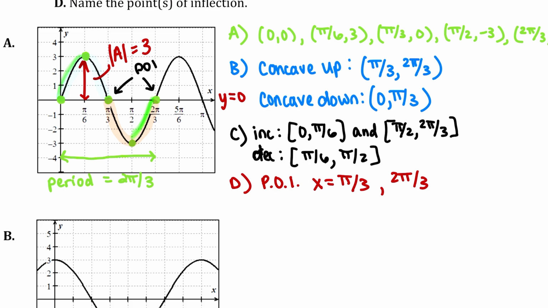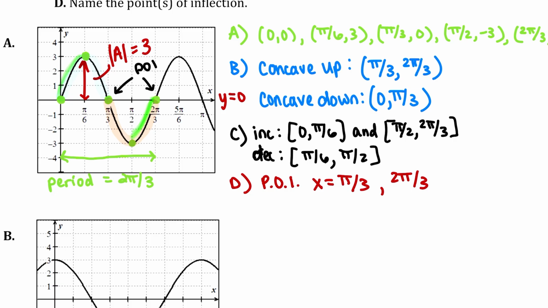I will say, technically you're probably thinking, well, what about x equals 0? Because the graph just kind of starts there, we're not counting that one since that's just where it starts. It's not actually changing concavity, since it's just starting out already as concave down there.